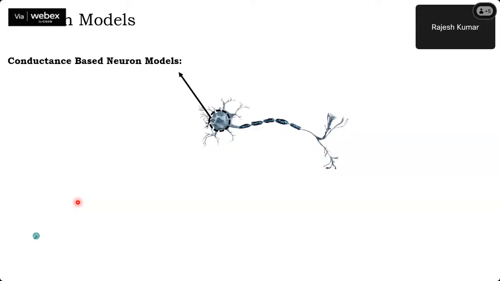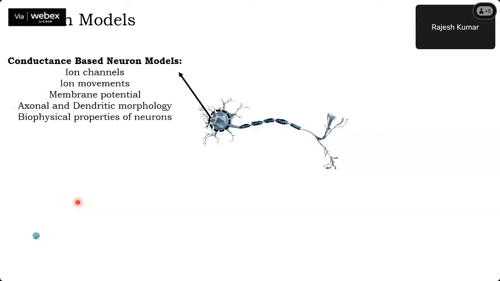let's understand the neuron models and what we can take from here. This is a typical neuron model, and we can develop a neural model. Now we are talking about developing the neuron model, conductance based. If you go into the models of neurons, the development is on the basis of a few things.